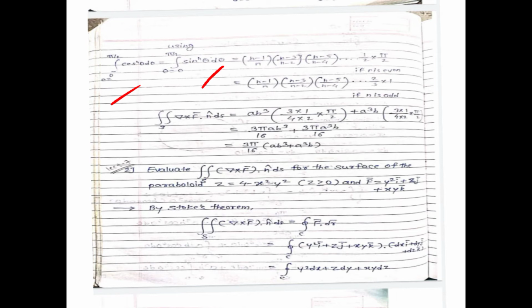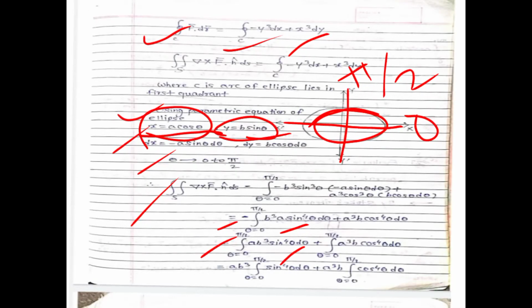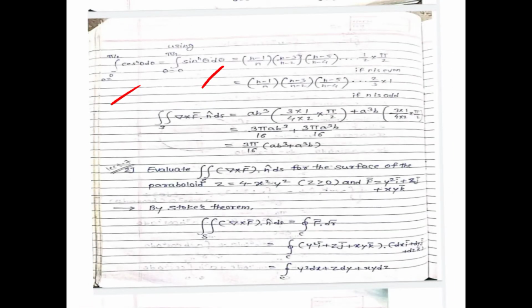If the value of n is even, like 2, 4, 6, we have to multiply by pi by 2 at the end, and if n is odd, then we multiply by 1. That is the difference. Here the value of n is 4 in both, so both are even, and we multiply by pi by 2 at the end.